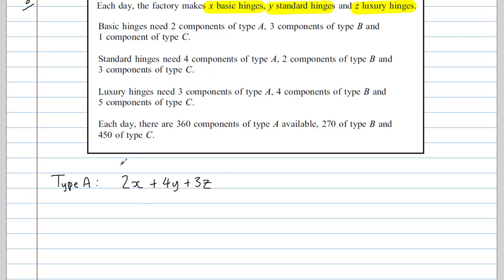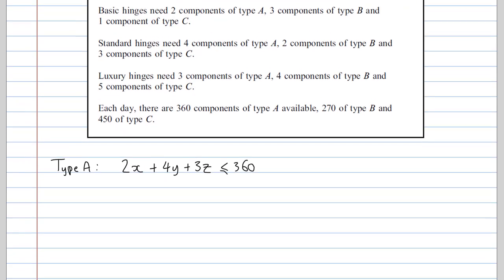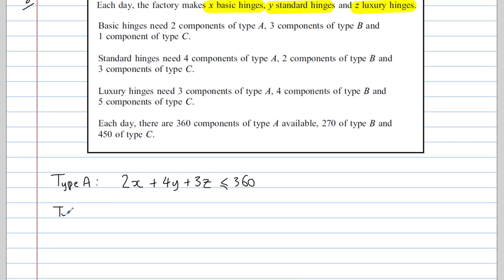So this expression represents the total number of type A components, and I know that has to be less than or equal to 360. Always check when you're doing these if you can divide through. There's nothing that goes into 2, 3 and 4, so that stays as it is. Next we'll do type B. For the basic hinges, I need 3 components of type B, so that would be 3X.